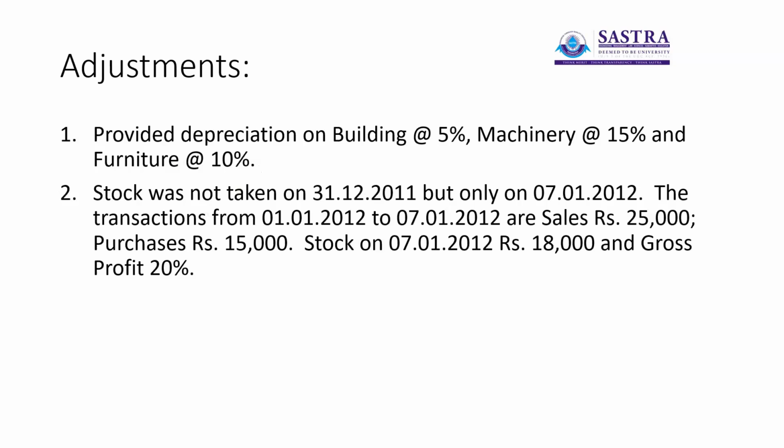Adjustments, we are asked to provide depreciation on machinery, building at the rate of 5%. So we can even work out depreciation here. So building, we have to check value.